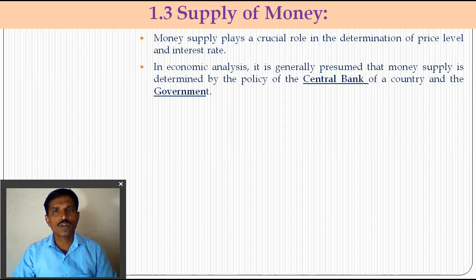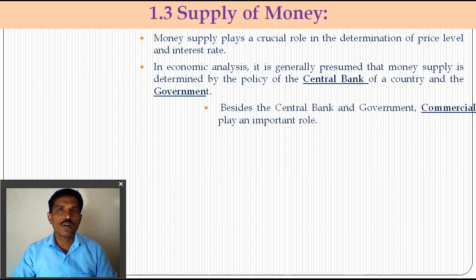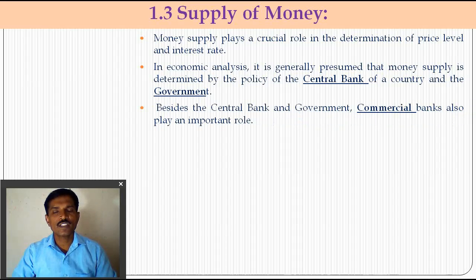There are two important components: one is the government and another is the central bank. Both decide how much money supply is created in the economy and how much needs to be controlled. Besides these two, the commercial banks also play an important role in supply of money and credit creation.